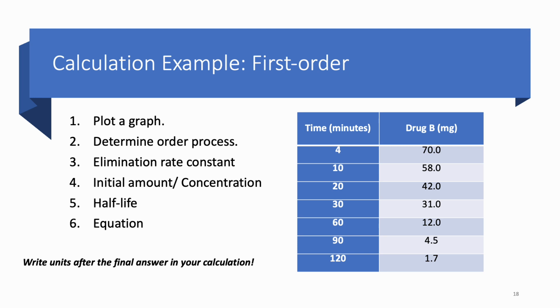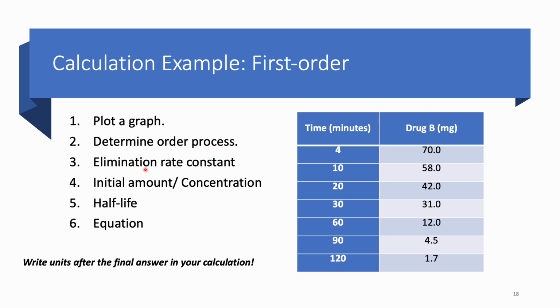This is an example of calculation for a drug that follows first order kinetics. Whenever you have a set of data of time versus the amount or concentration of drug in the plasma, the first thing you need to do is plot a graph to determine the order of the process.